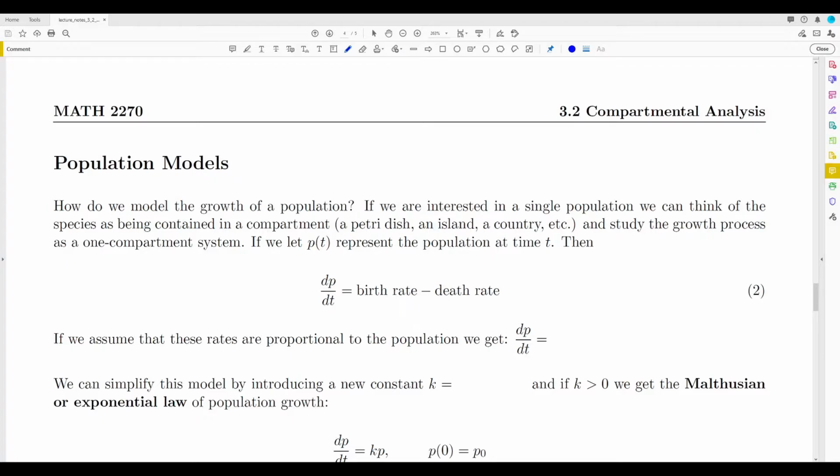If we assume that those rates are proportional to the population, we get the following. dP/dt is some constant times P. So let's call that k1 times P, that's the birth rate, and then we can subtract k2 times P for the death rate.